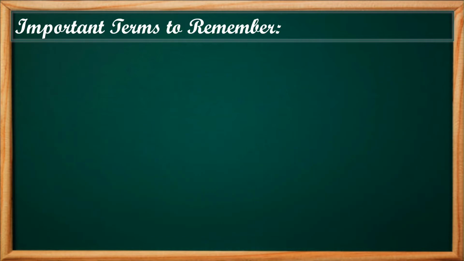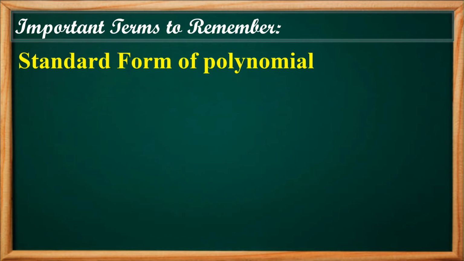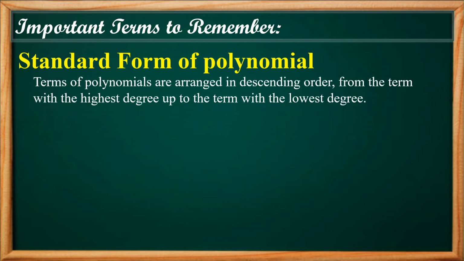The standard form of a polynomial. Siyempre, in writing, especially yung iba, di ba dapat naka-arrange? In a polynomial, it must be also arranged. There should be a standard form. Now, the standard form of a polynomial is arranged in descending order.